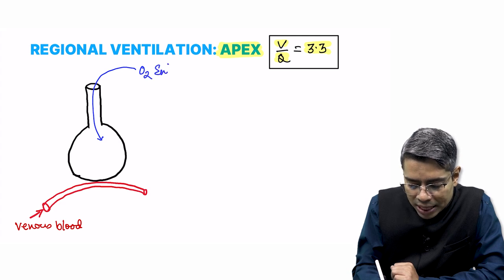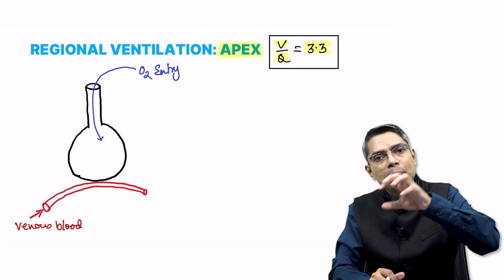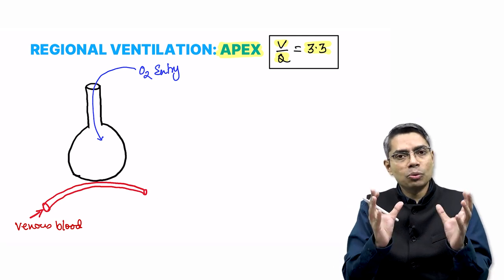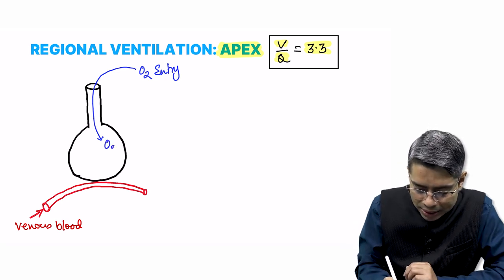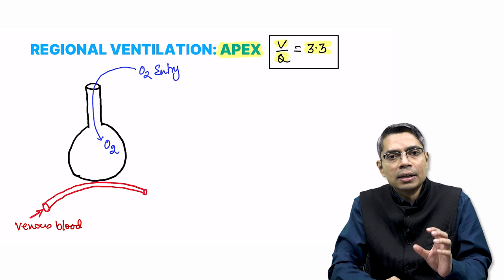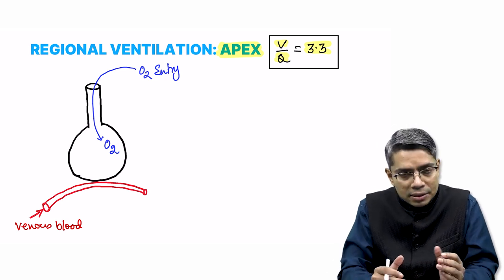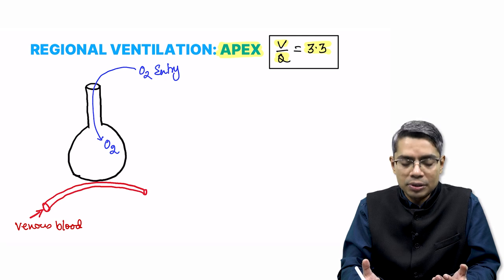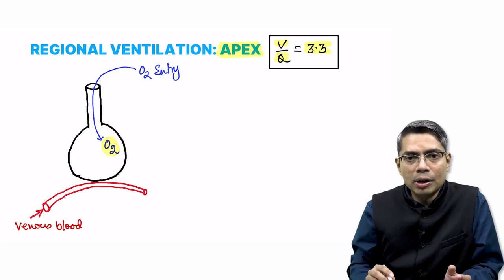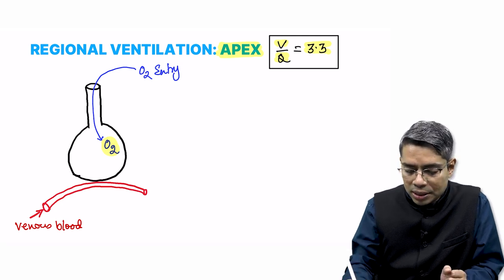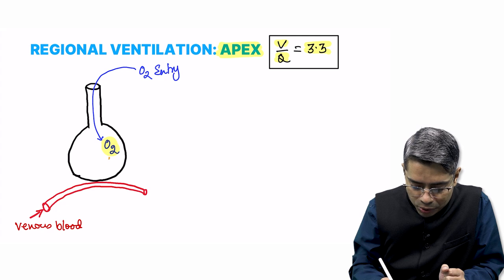So the oxygen entry happening in the apical alveoli, the total amount is less, but whatever amount of oxygen is entering at the level of alveoli, that ventilation is 3.3 times the perfusion. Whatever oxygen is entering the apical alveoli, all that oxygen is not going to be transported or exchanged at the level of capillary.